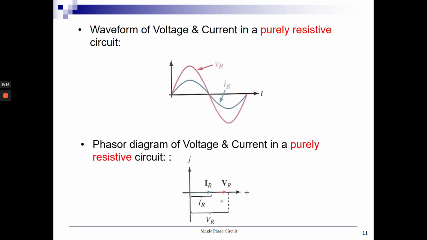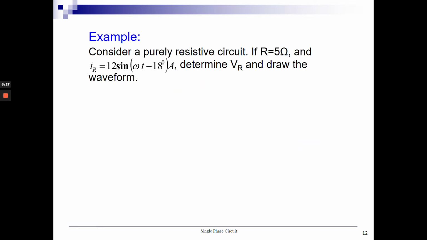This is how we draw the phasor diagram. Your voltage and current are on the x-axis because your phase difference is 0. Okay, this is an example of AC for a purely resistive circuit. Given R equal to 5 ohm and your expression of i is 12 sine omega t minus 18 degree, determine VR and draw the waveform.